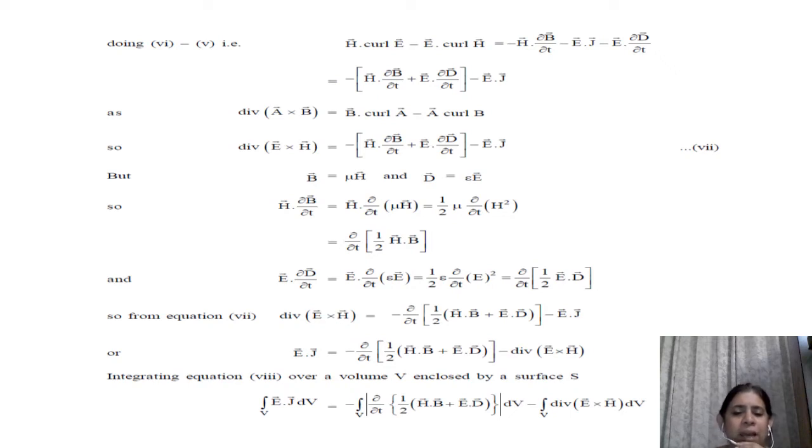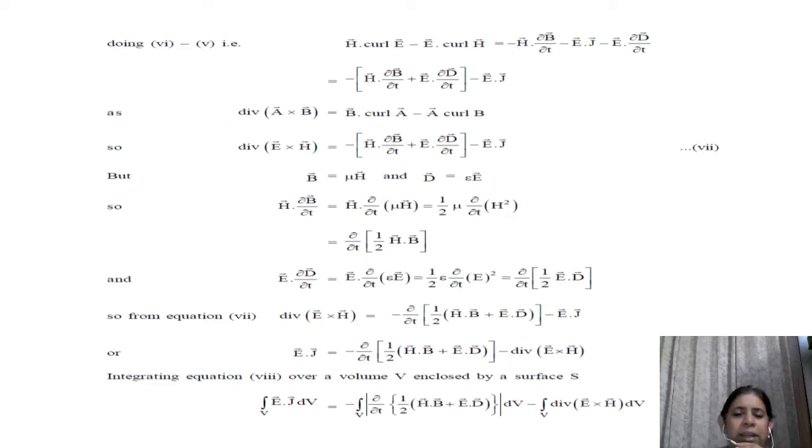H square will give you 2H, so the half cancels and it comes out the same. So instead of H dot del B by del T, we can write del by del T of half H dot B. Similarly, E dot del D by del T, we will simply write as del by del T of half E dot D. So in the equation, we'll put it back.